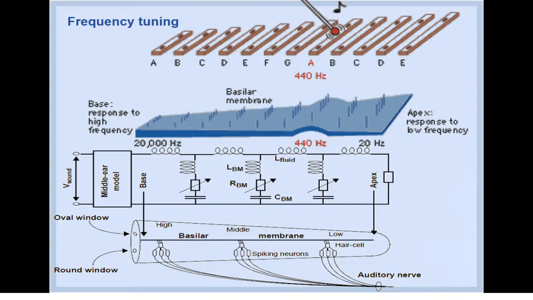Thus, the short fibers of the organ of Corti near the oval window respond to high frequencies, while the longer fibers at the narrow end detect the low frequencies. Below 20 Hz, there is no stimulation of the hairs.